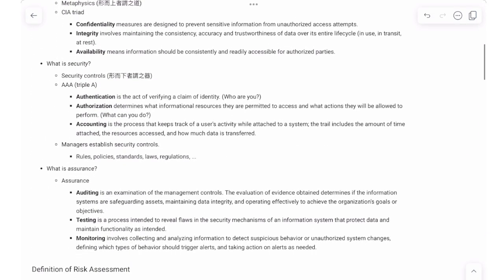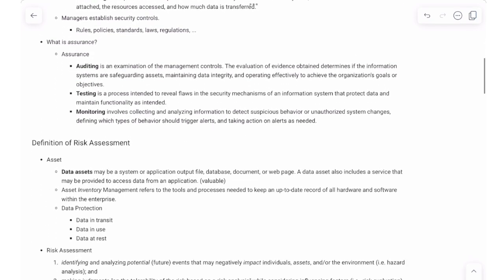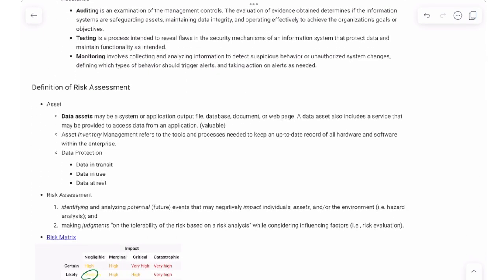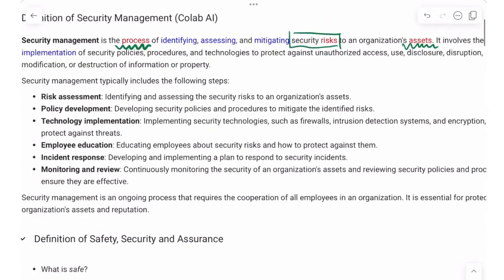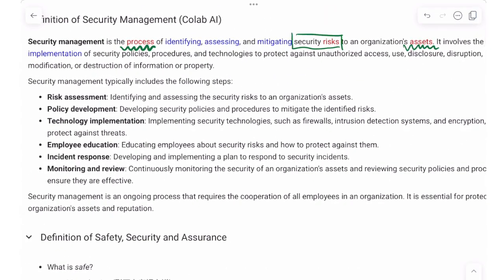So that is the concept of some different interesting things, including SAFE, CIA, security, AAA, and assurance, and the risk. We discussed something about the risk, right? So here, security management includes several different processes, including the risk assessment, as I mentioned before, and the policy management. The middle level managers need to establish certain procedures or policies and try to mitigate the risk.